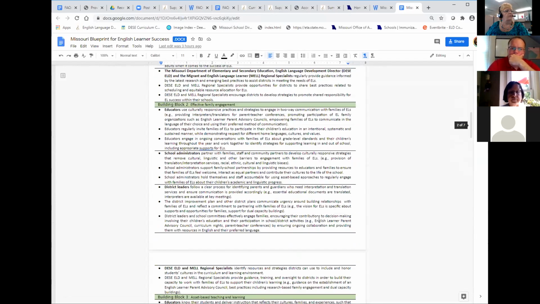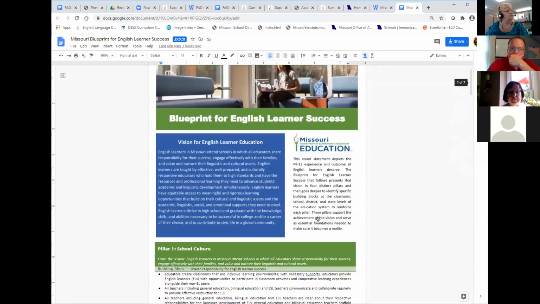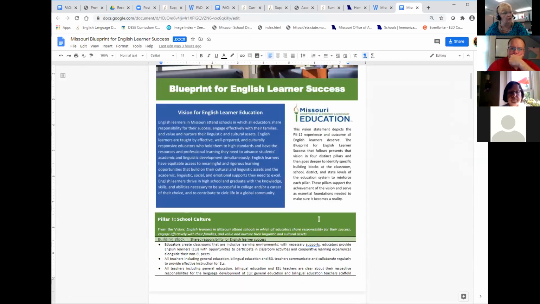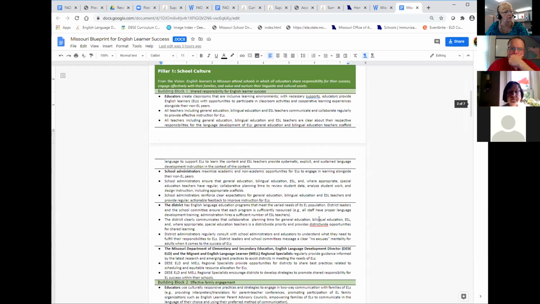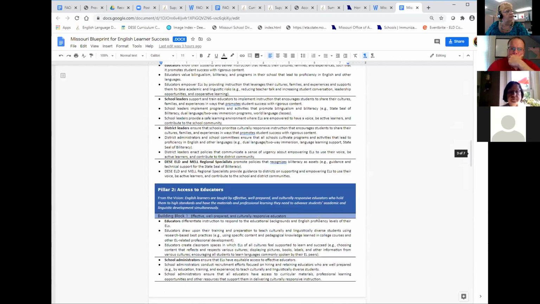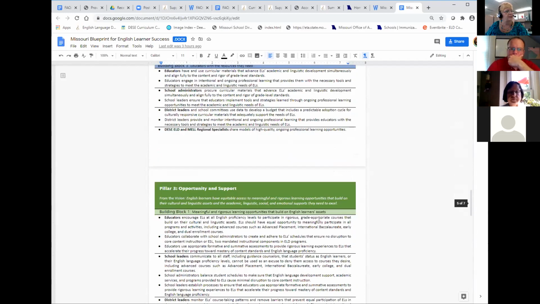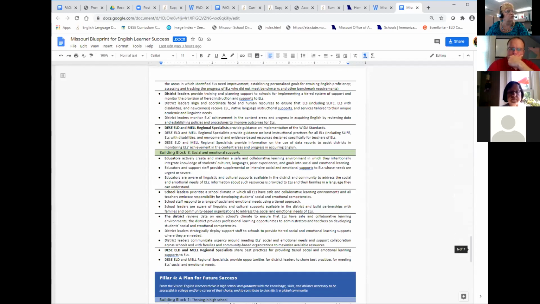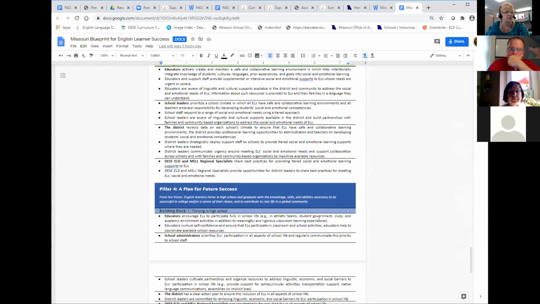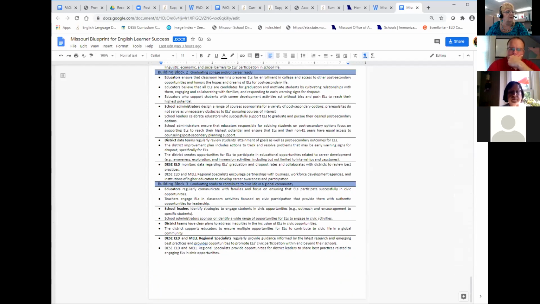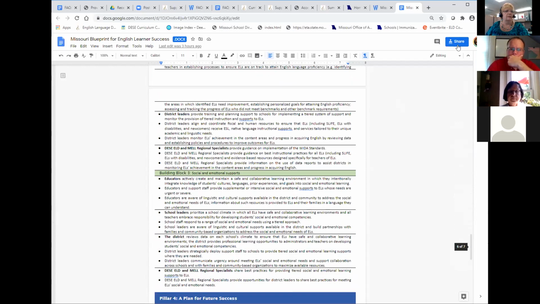So we have 4 separate pillars. One is school culture, and then access to educators that are qualified to teach, opportunity and support for our English learners, and then plans for future success. So that document is there for you to look at.